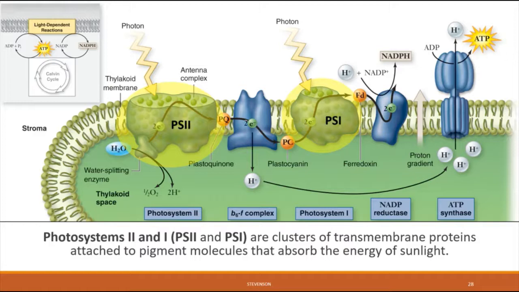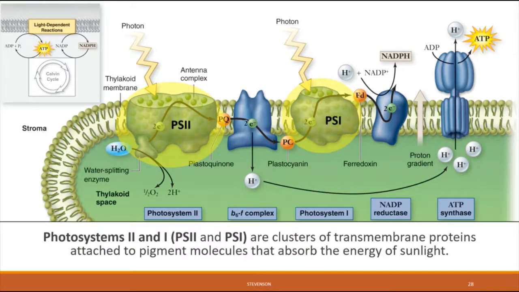And these proteins are especially important because they contain the pigment molecules, which are responsible for absorbing the energy of sunlight. You may notice that in the order of things, photosystem 2 comes first, whereas photosystem 1 comes second, and that's kind of counterintuitive.